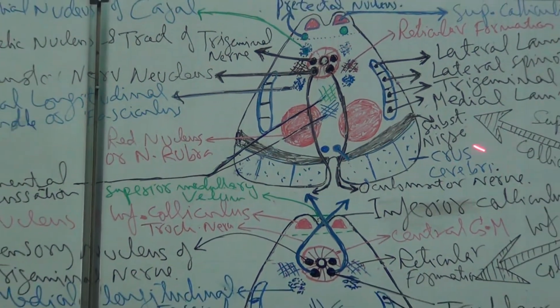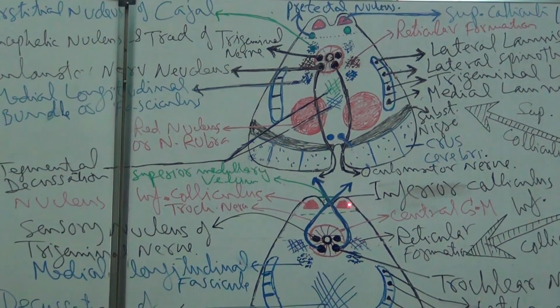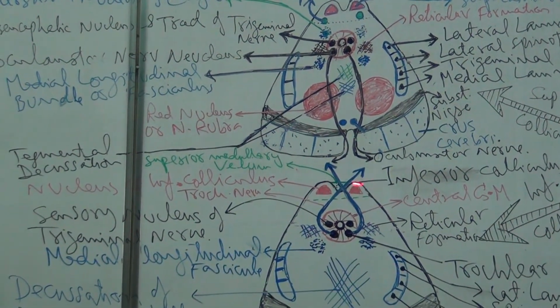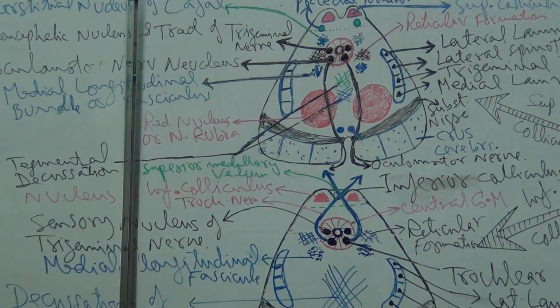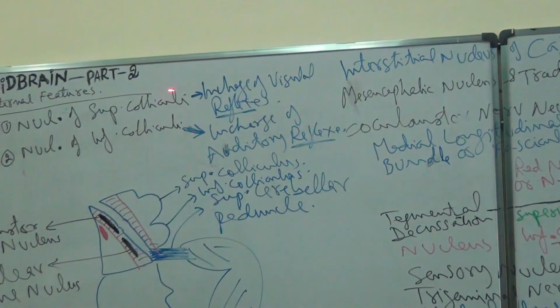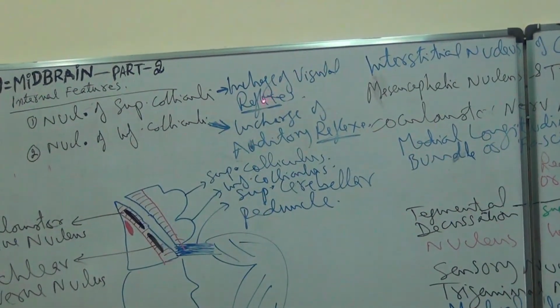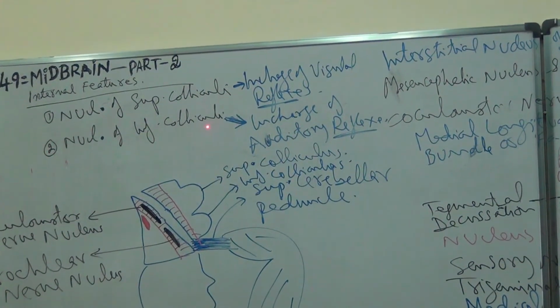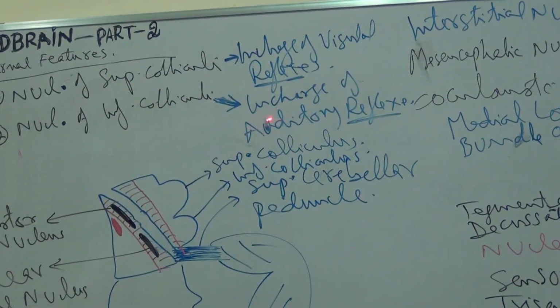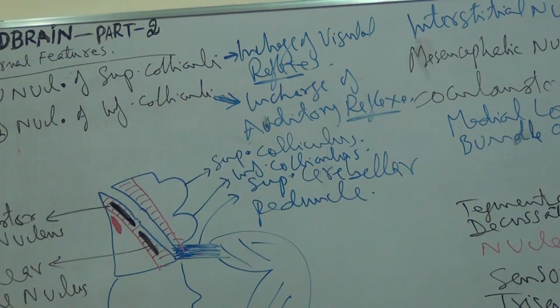Now under the inferior colliculus are the nuclei of the inferior colliculi on each side. As I told you, the nuclei of the superior colliculi are in charge of visual reflexes, while the nuclei of the inferior colliculi are in charge of auditory reflexes.